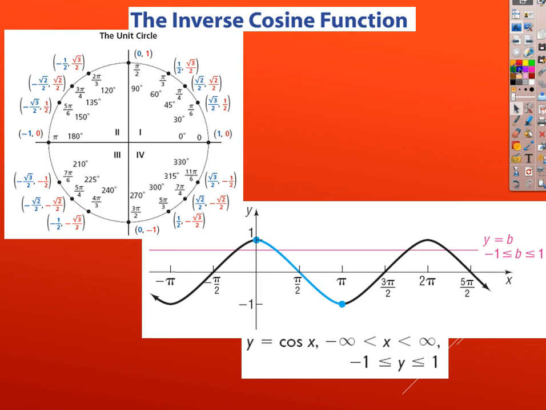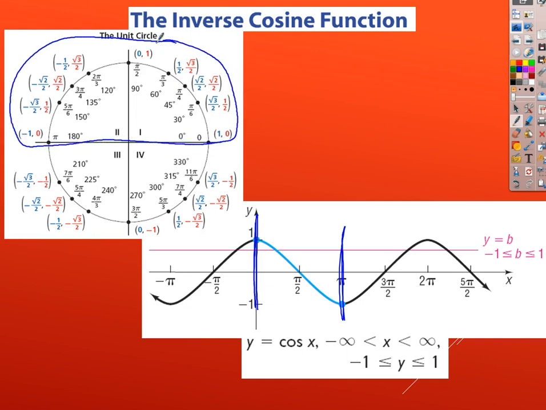And what they decided was that I'm going to restrict my cosine domain to from 0 to pi. All right. And so what does that mean for here? That means over here on your unit circle, from 0 to pi, it only covers those two quadrants.